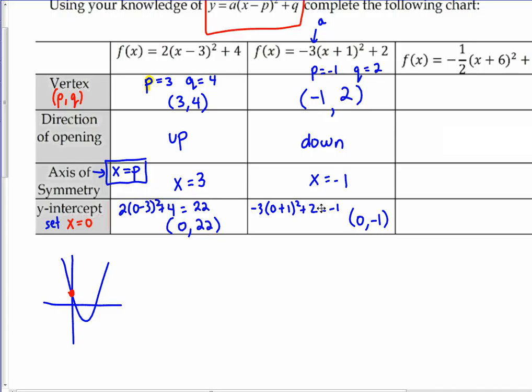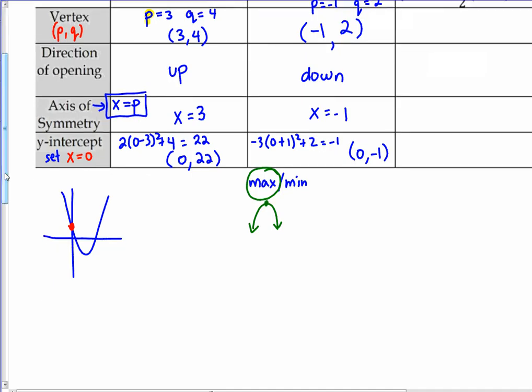Okay, does this graph have a max or a min? It's opening down. It's going to have a max if it opens down. Why is p negative?